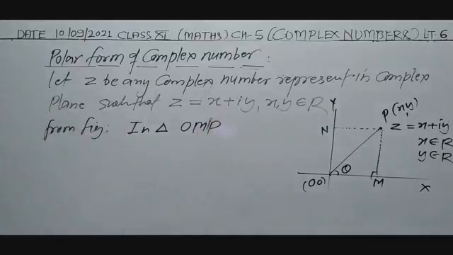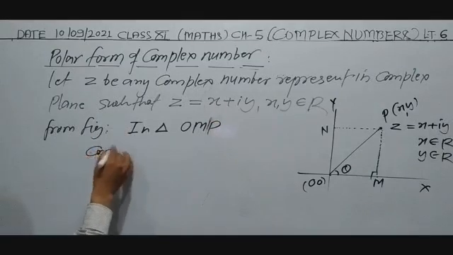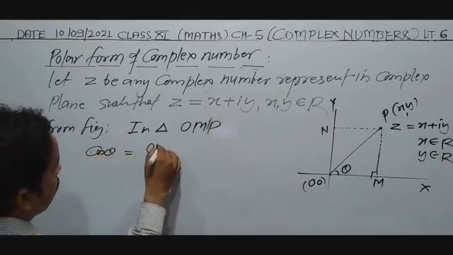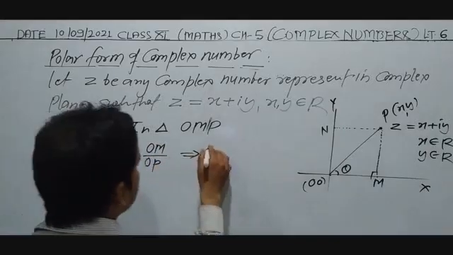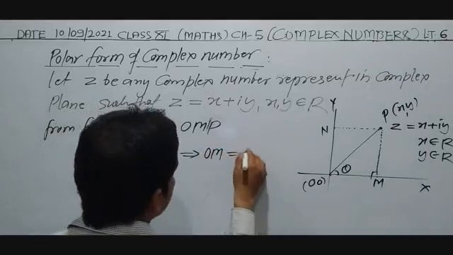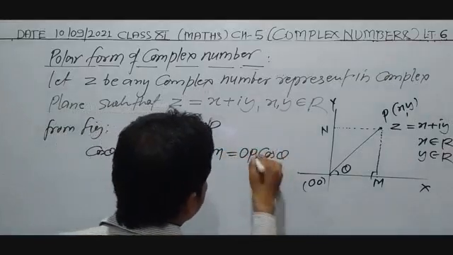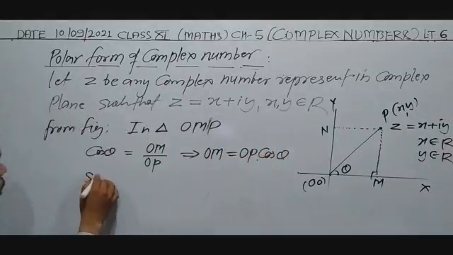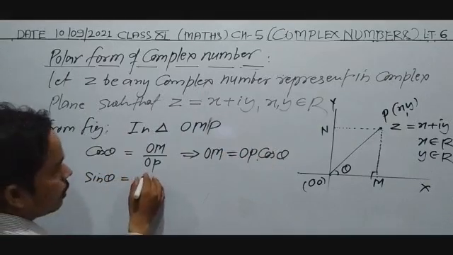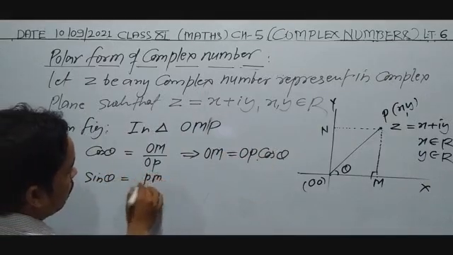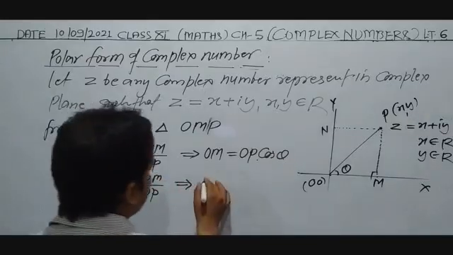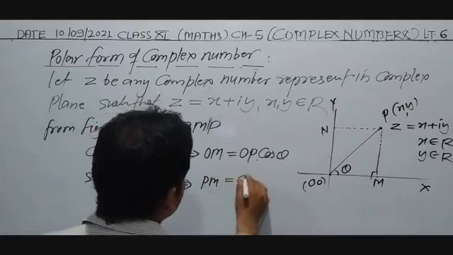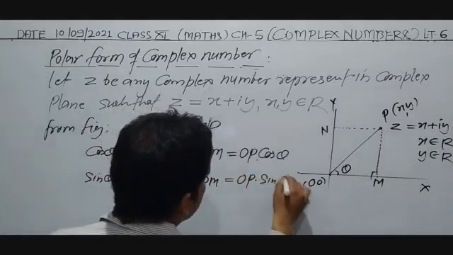Now cos theta we can write as OM upon OP. This implies OM is equal to OP cos theta. And if you take the ratio of sin theta, PM upon OP will be equal to sin theta, so PM is equal to OP sin theta.